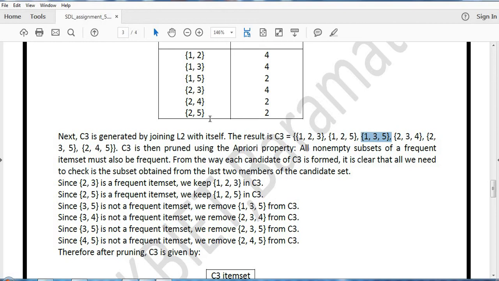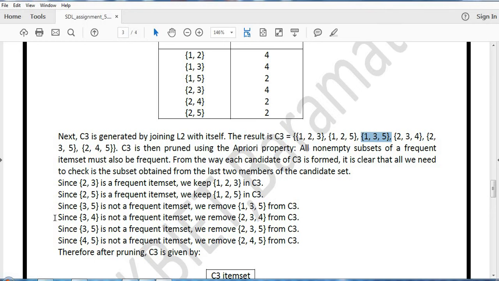Similarly 2 3 4: 2 4 is appearing, but 3 4 is not appearing, so we prune that as well. We also prune 2 3 5.